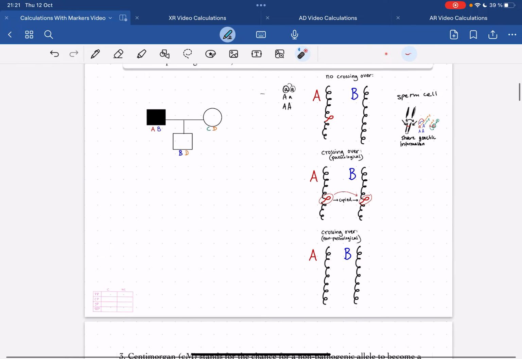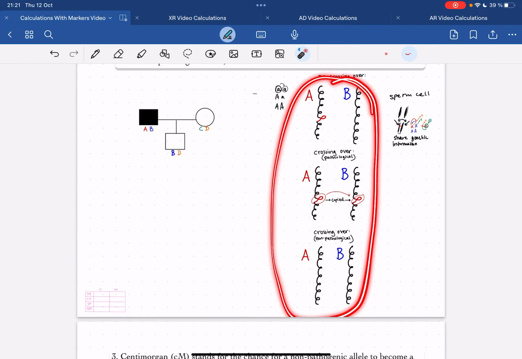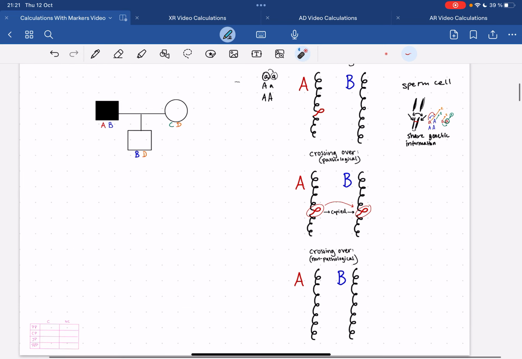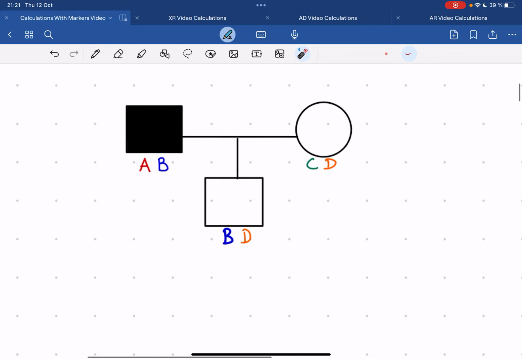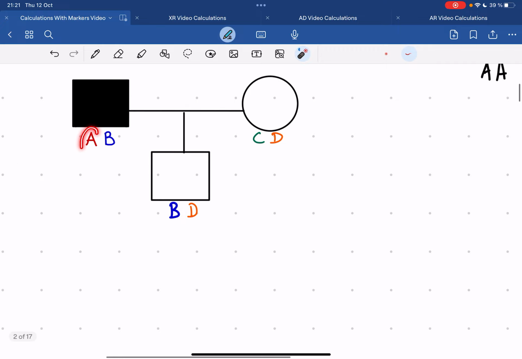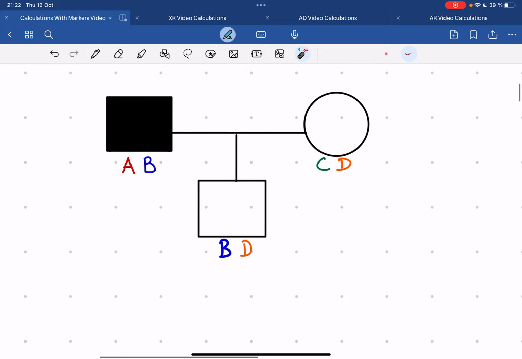So these all could be occurring, therefore it's very important to note the chance for crossing over to occur, and to know for a fact that even though we can see here A is the marker for the pathological allele, even though this person hasn't gotten the pathological allele marker, it doesn't mean that he's healthy or a non-carrier.